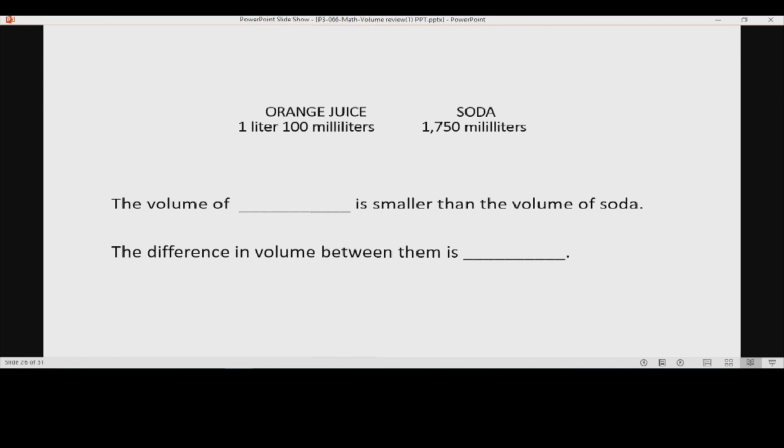Excellent. We take the largest amount and subtract the smallest amount. So the difference in volume between them is 650 milliliters.